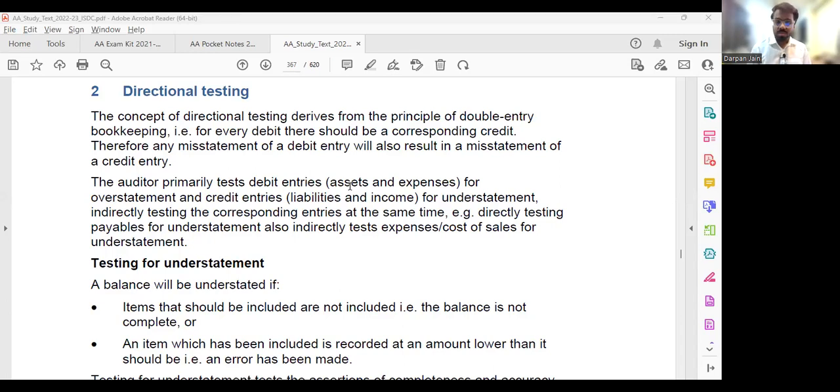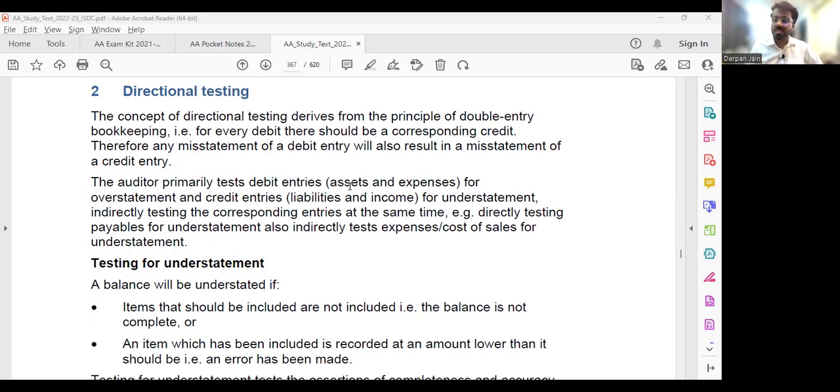And what are you trying to see here? You are trying to see whether the company has included some assets which are actually not existing.